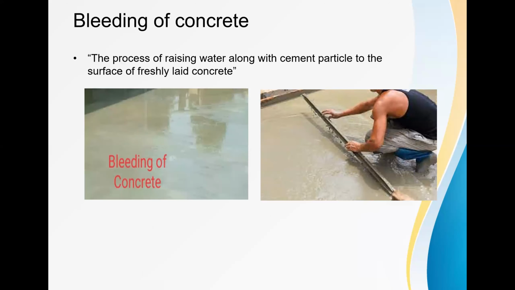Then what do you mean by the bleeding of concrete? It is nothing but the process of rising of water along with the cement particles to the surface of freshly laid concrete. That is called bleeding of concrete.